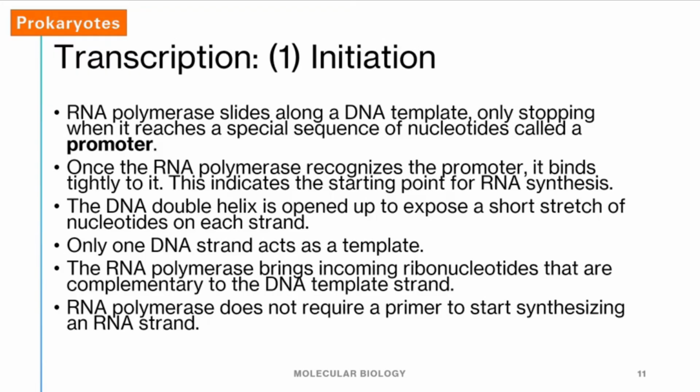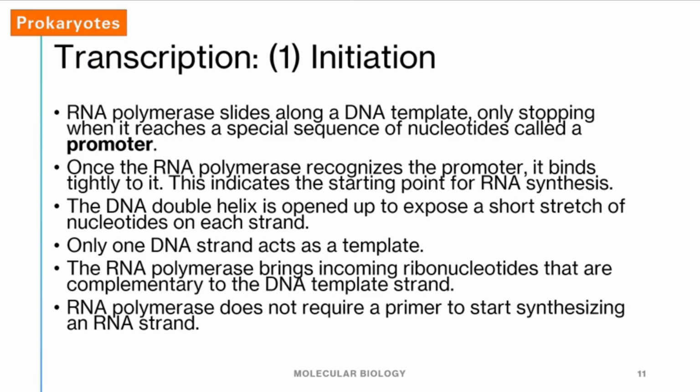At the initiation stage, RNA polymerase will glide along the DNA template. It will reach the region of the DNA called the promoter region, which is going to be upstream of the sequence of DNA that's going to be transcribed.